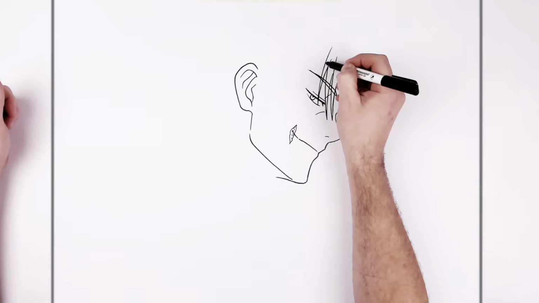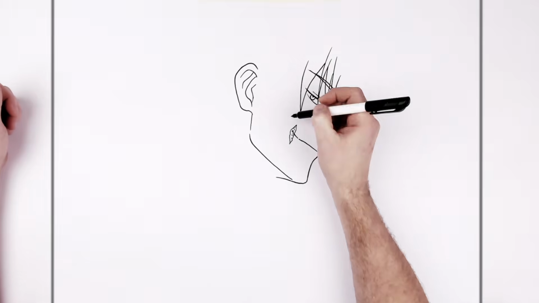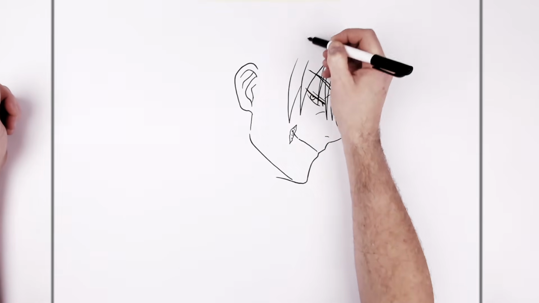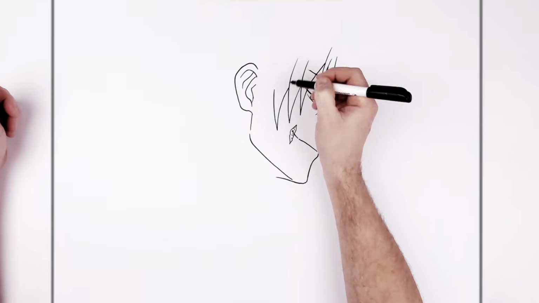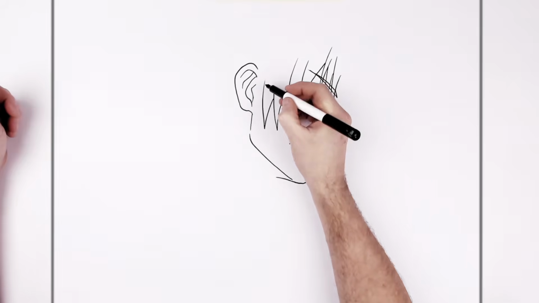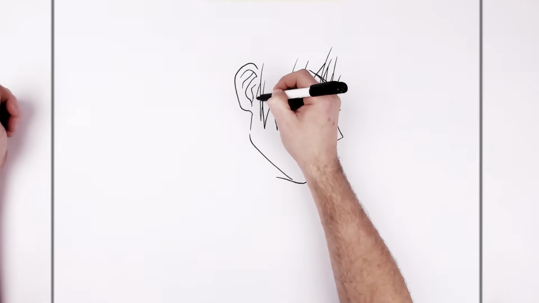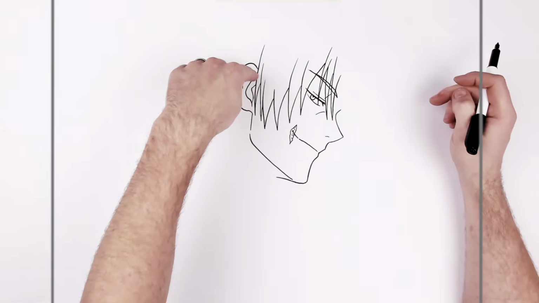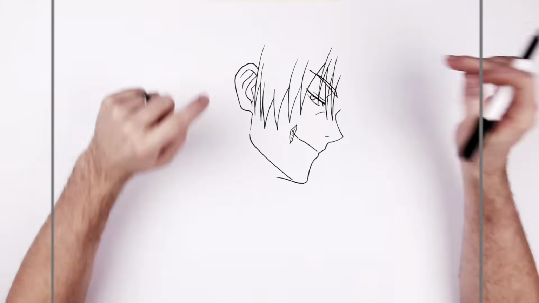And then a kind of a longer one here, and we go all the way down towards his ear. And you just fit in as many as you can there between the eyebrow and the ear.